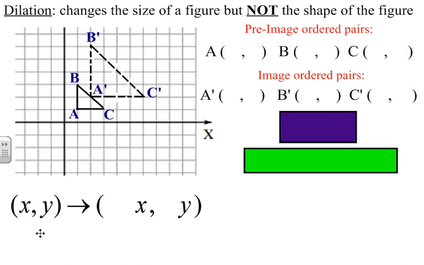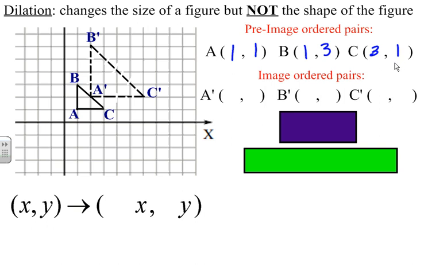We have triangle ABC, which is the pre-image, and then we have A prime, B prime, C prime, which is the image. Let's record the ordered pairs for these two triangles. In triangle ABC, point A is at (1, 1), point B is at (1, 3), and point C is at (3, 1).